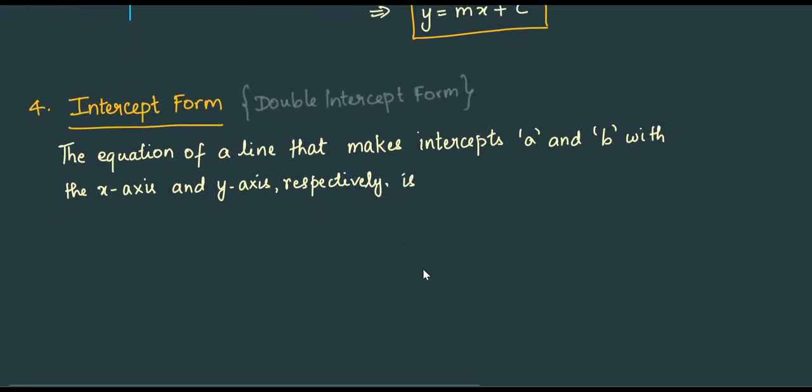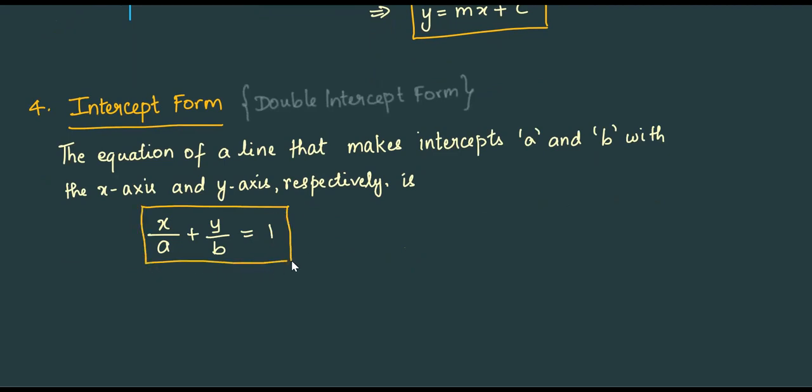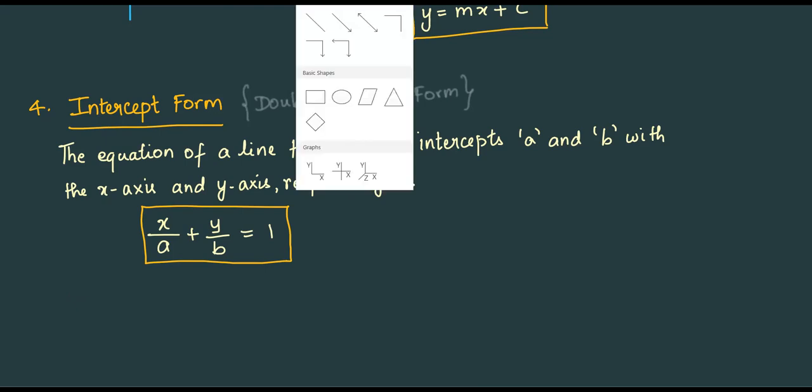It is x by a plus y by b equal to 1. x upon a plus y upon b is equal to 1. So how to do this? Let us look into this.